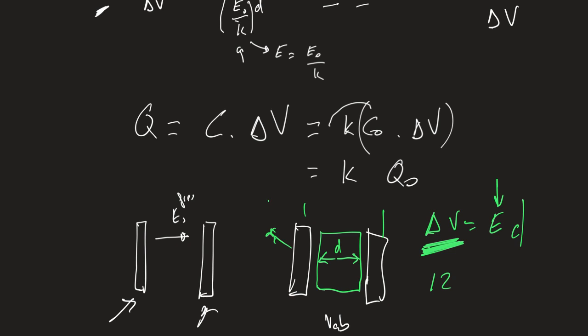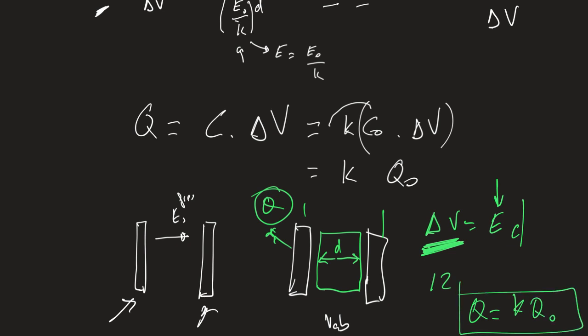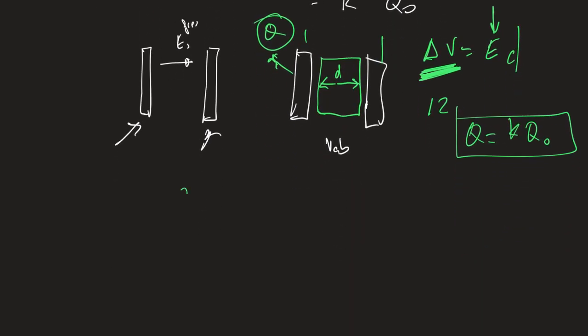The new charge Q is K times the old charge Q0.